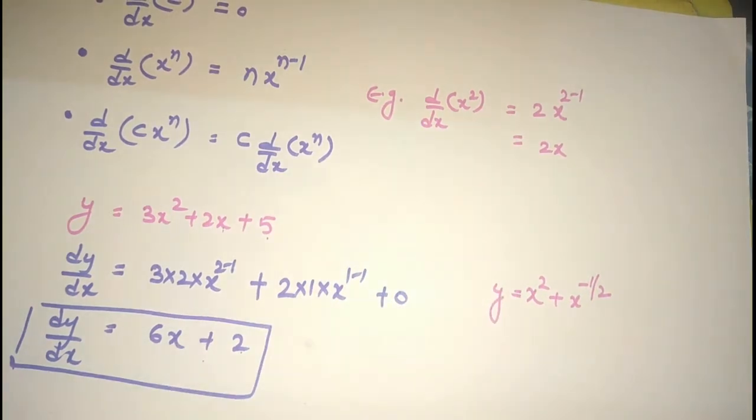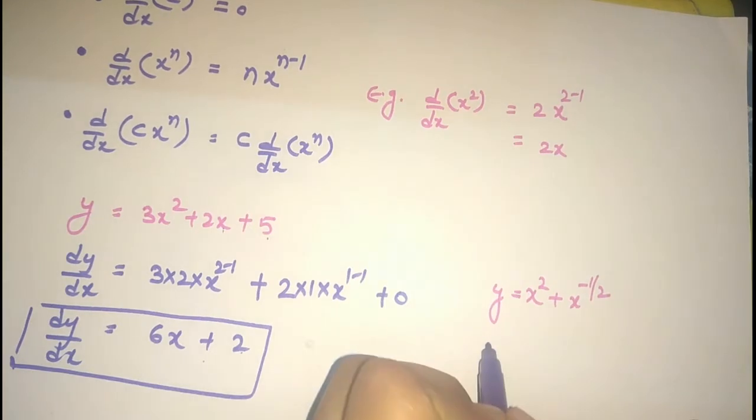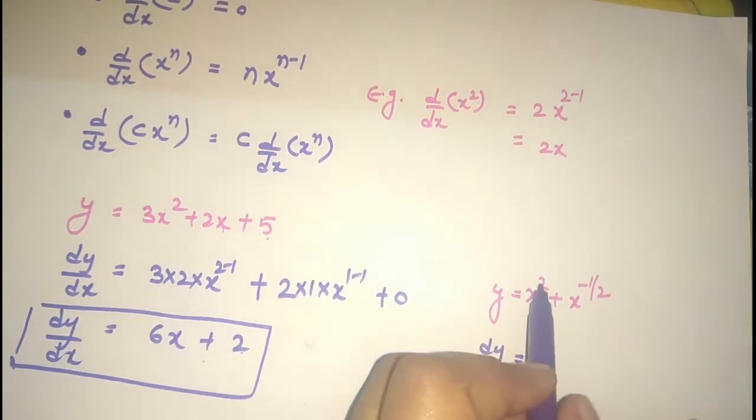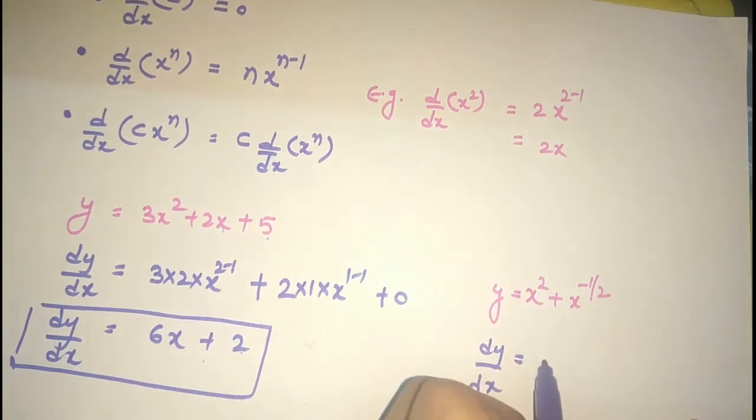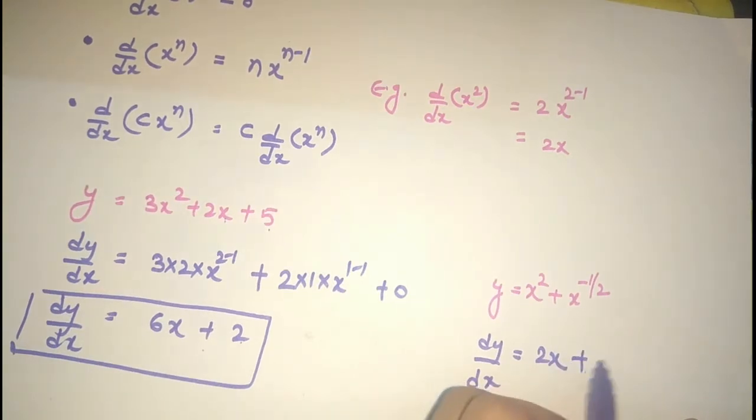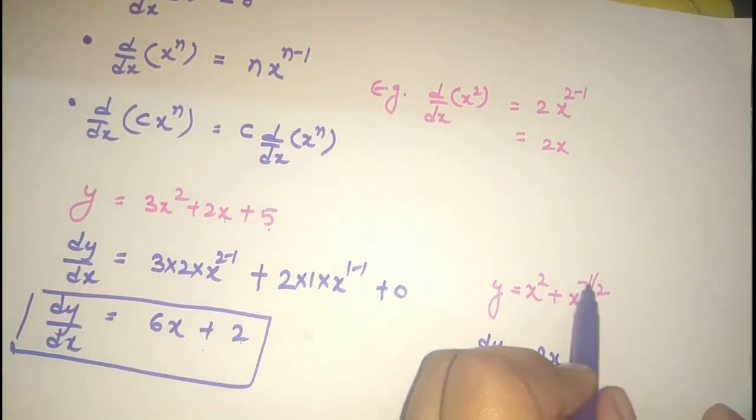So how will I find dy by dx? It is the derivative of x square, that is 2 into x raised to power 1. Clear? Plus, now what is the derivative of x raised to power minus half?